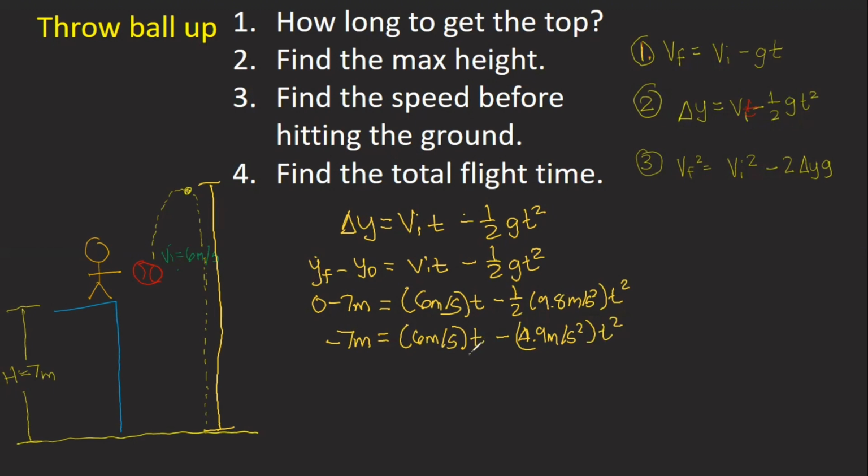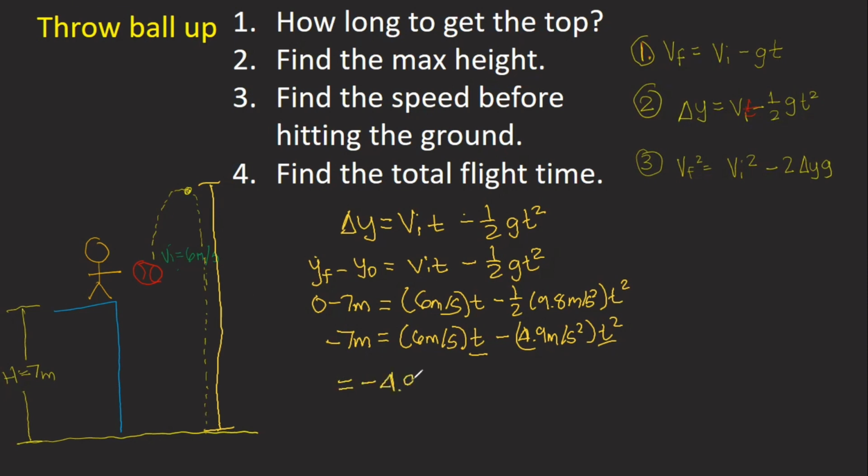Now we're looking for the value of t. Here we can apply what we learned using the quadratic formula. But first, let's rearrange the values. We can transfer negative 7 to the right side. It will result to this one.